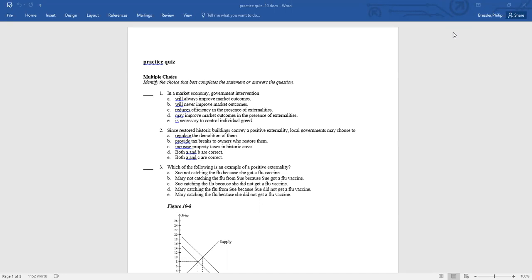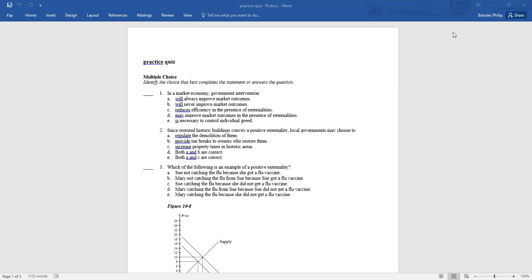All right, which of the following is an example of a positive externality? Sue not catching the flu? No, that's why Sue pays for the vaccine. That's a private benefit. Mary not catching the flu from Sue, now that's the externality. Mary's the third party, okay?